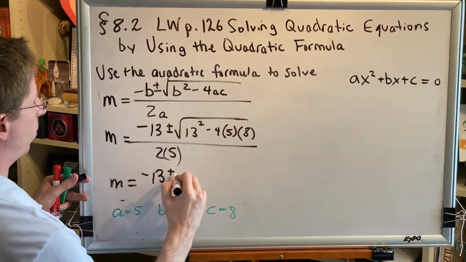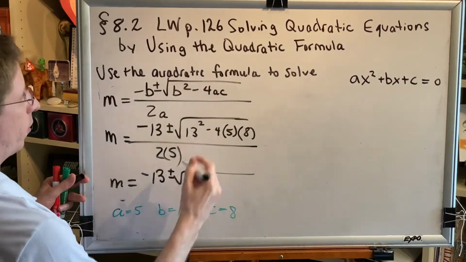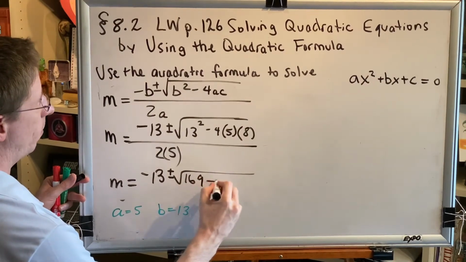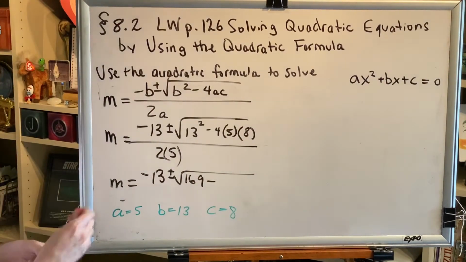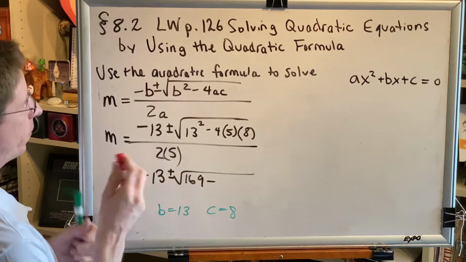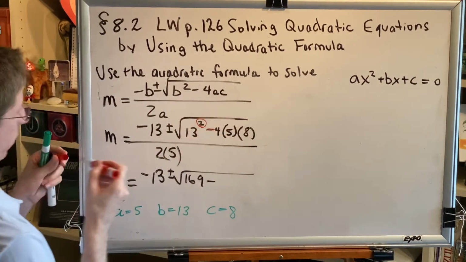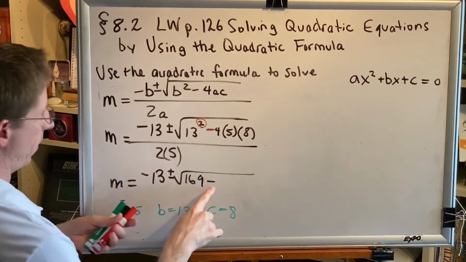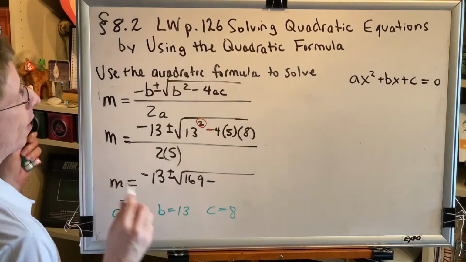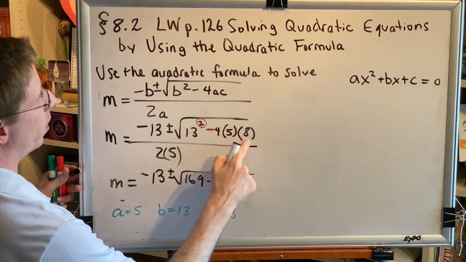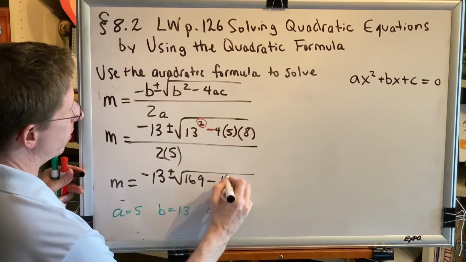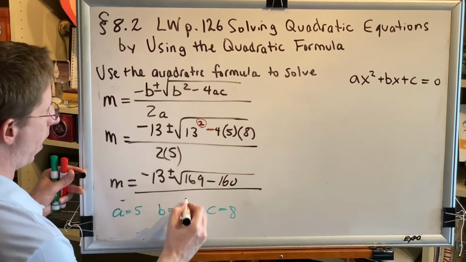Negative 13 plus or minus the square root. 13 squared is 169 minus, count the number of hyphens after the exponent of 2. There is 1 hyphen after the exponent of 2, which means that this is going to be a subtraction symbol. Now just work with the numbers. 4 times 5 is 20, times 8 is 160, all divided by 10.